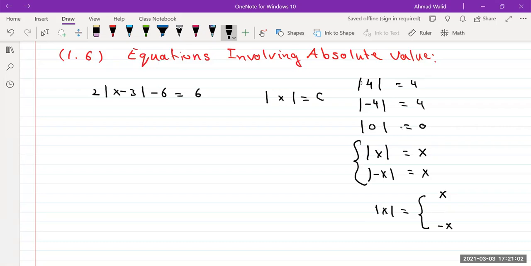It means we always have to first isolate whatever is inside the absolute value. In this problem, I have the absolute value of x minus 3, correct? I have to isolate this, and the numbers around the absolute value have to move to the other side.